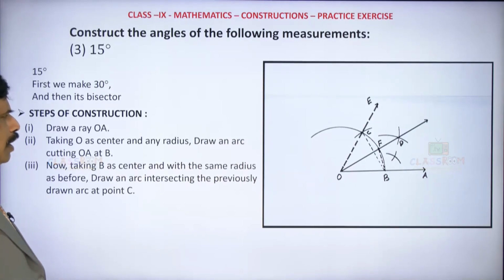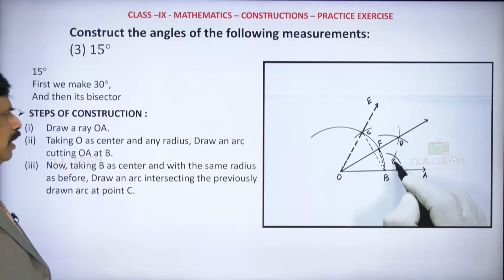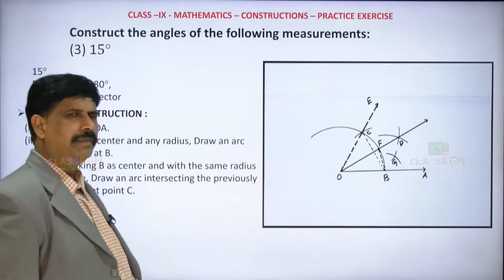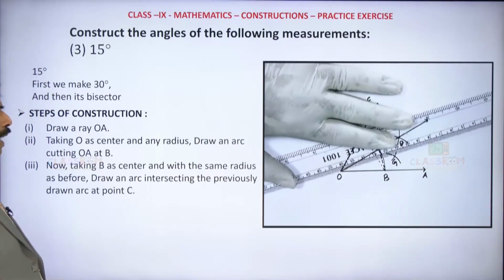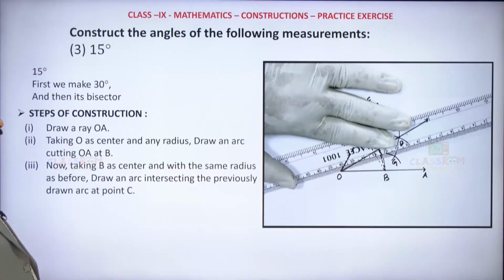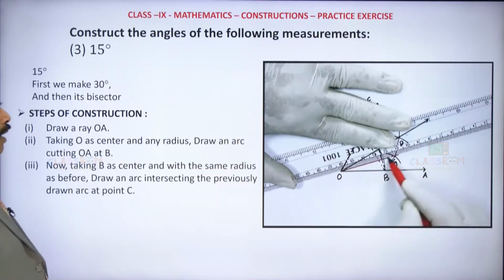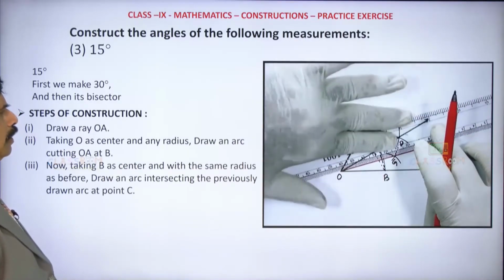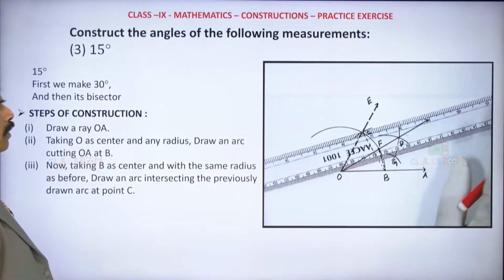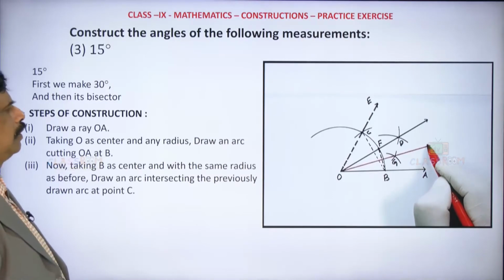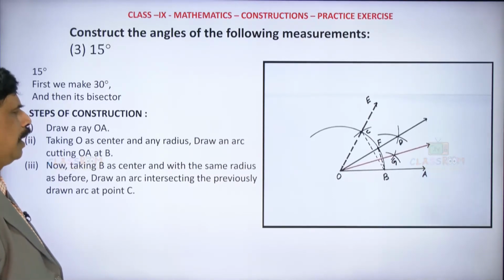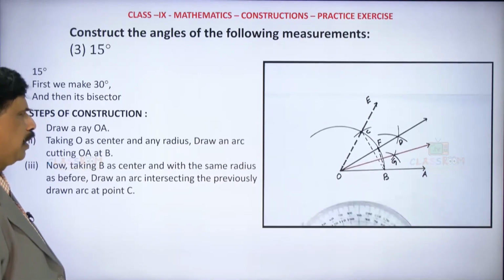So now these two arcs, they are intersecting each other at G. Clear? So now join OG here. Right. So angle AOG is 15 degrees.